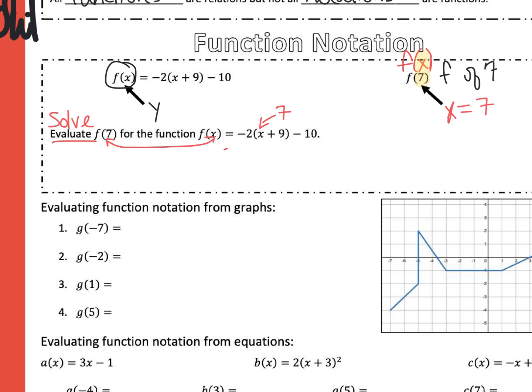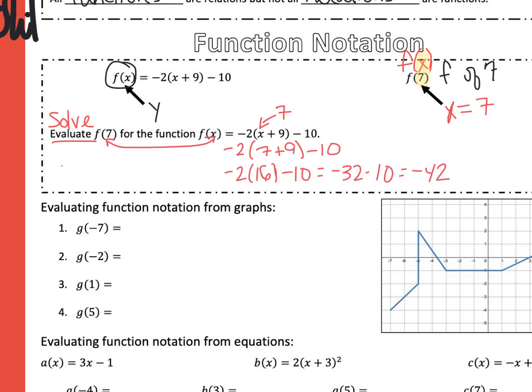So when I substitute this in, kind of like when we solved equations and we put the number in for the letter to check it, you could then put this in your calculator, or if you wanted to solve it by hand, you could do that. Negative 32 minus 10 is negative 42.